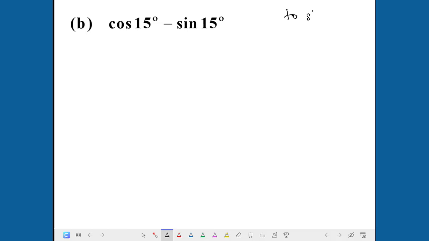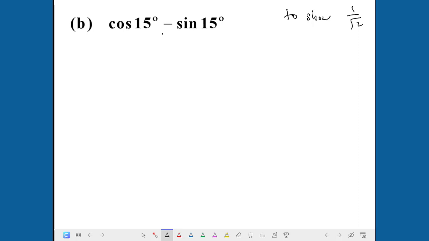For B, to show cos 15 degrees minus sine 15 degrees is equal to 1 over sec 2. So this one is cos minus sine. Cos minus cos is not in the factor formula.